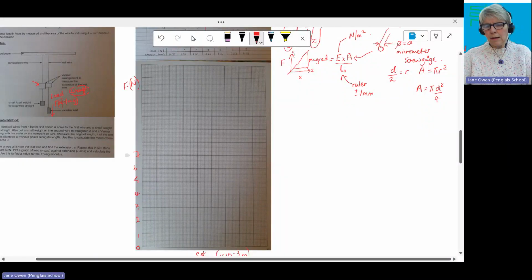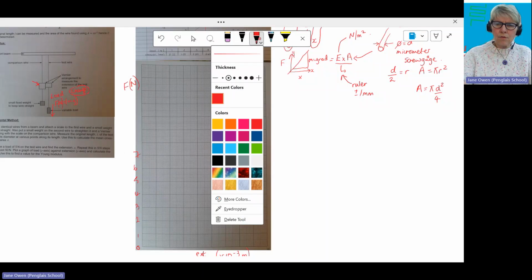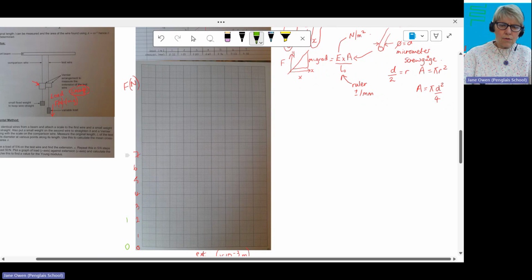That wouldn't be good enough here, because I can stretch that scale, 1, 2, 3, 4, 5, 6, 7, 8, 9, 10, 11, 12, 13, 14, to give double the scale. So what I should be doing, in a different color, let's have green, is 0, 1, 2, 3, 4, 5, 6, 7.